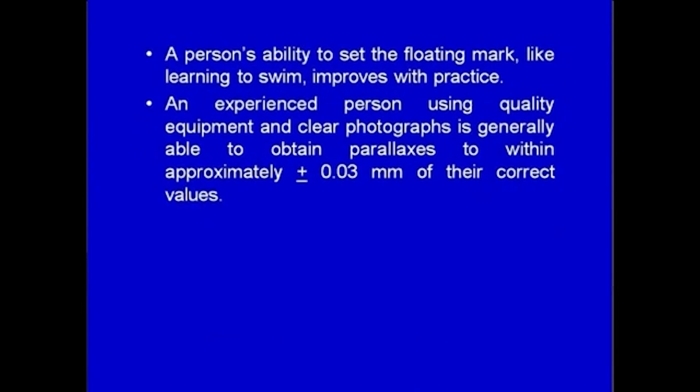A person's ability to set the floating mark, like learning to swim, improves with practice. An experienced person using quality equipment and clear photographs is able to obtain the parallax to within approximately plus or minus 0.03 mm of the correct values.